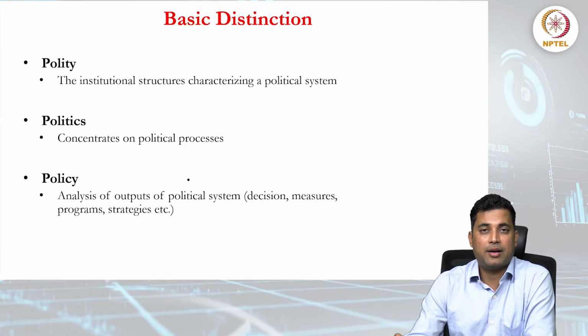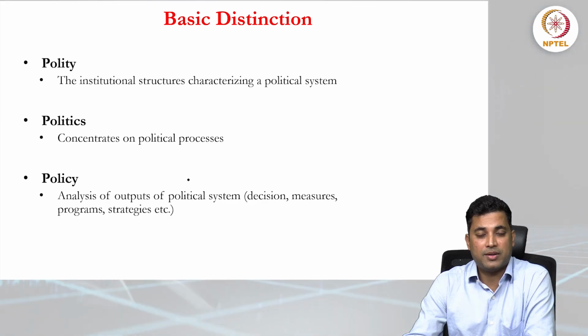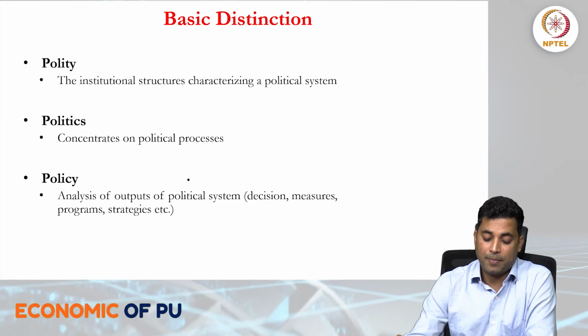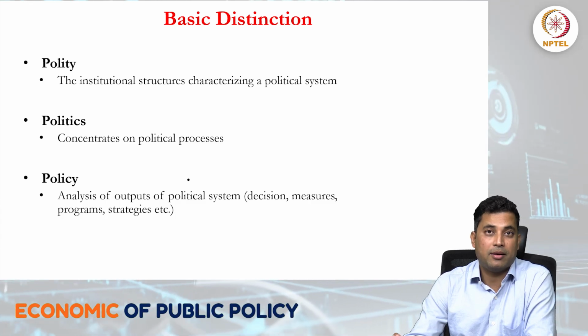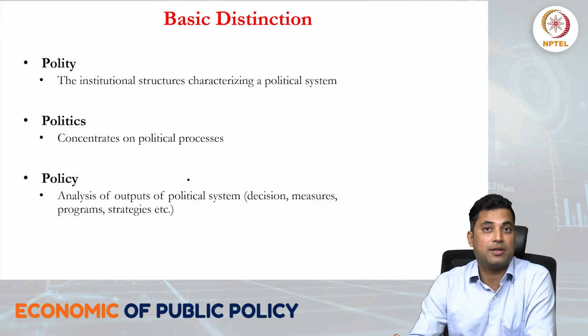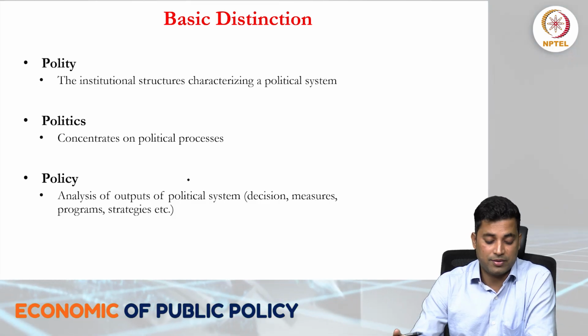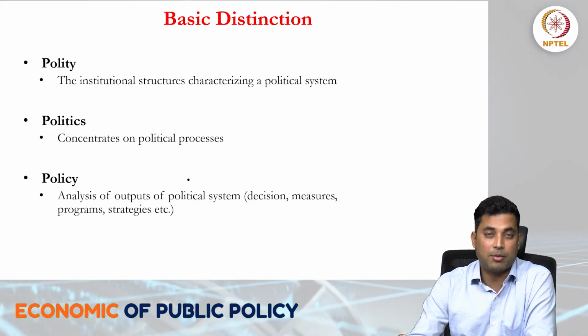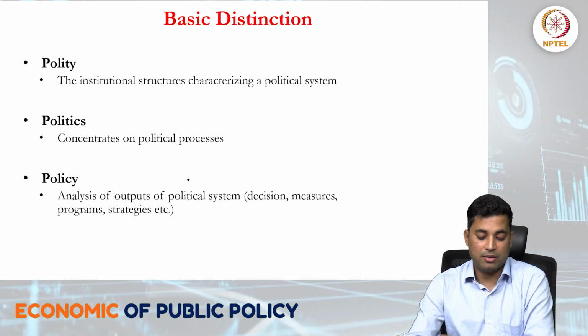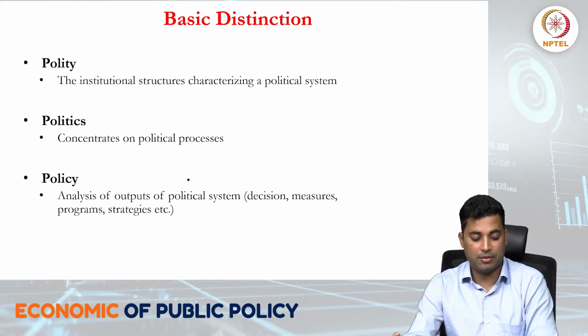Measures are like various public policies, for instance food security, employment guarantee programs, and universal education policy. So these are some of the measures and programs that come as outcomes of public policy.